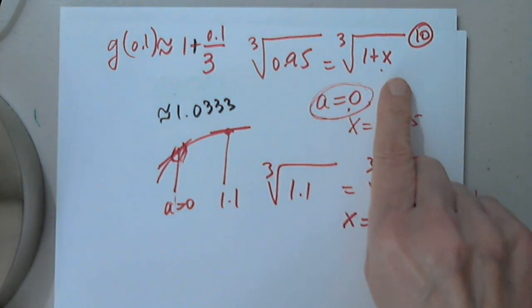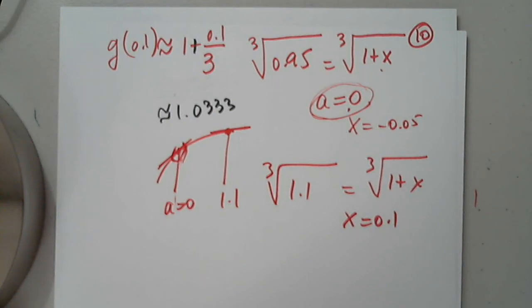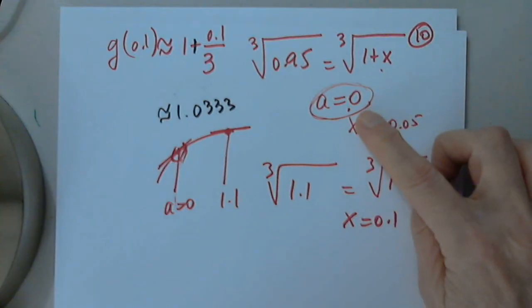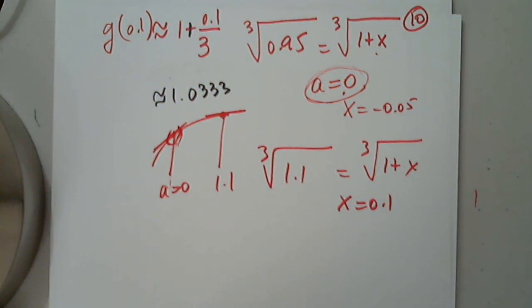But I have to find x. I don't know what x is. And 0.95 is very far away from 0, by the way. And so is 1.1. This line may or may not give a good approximation if I jump that far. Good, very good question. Anything else you would like to go back to?